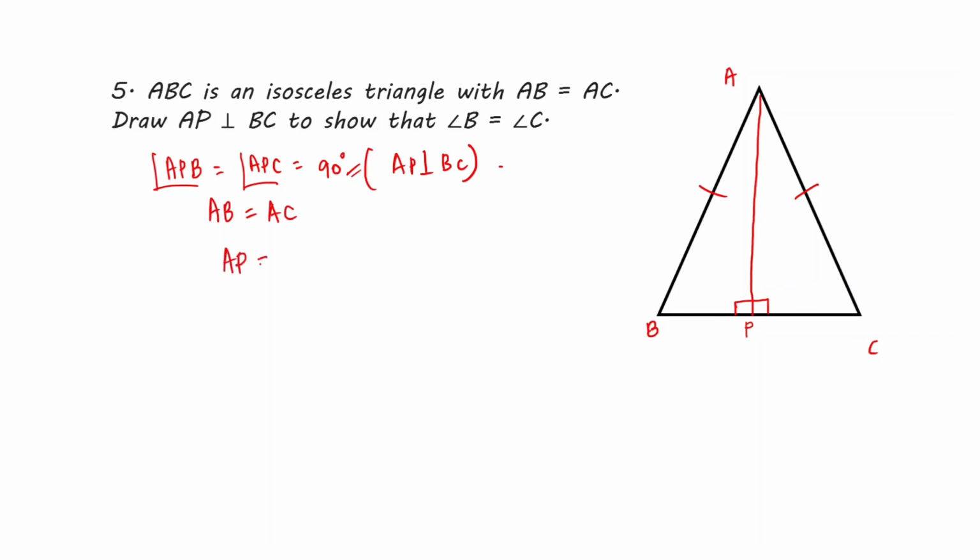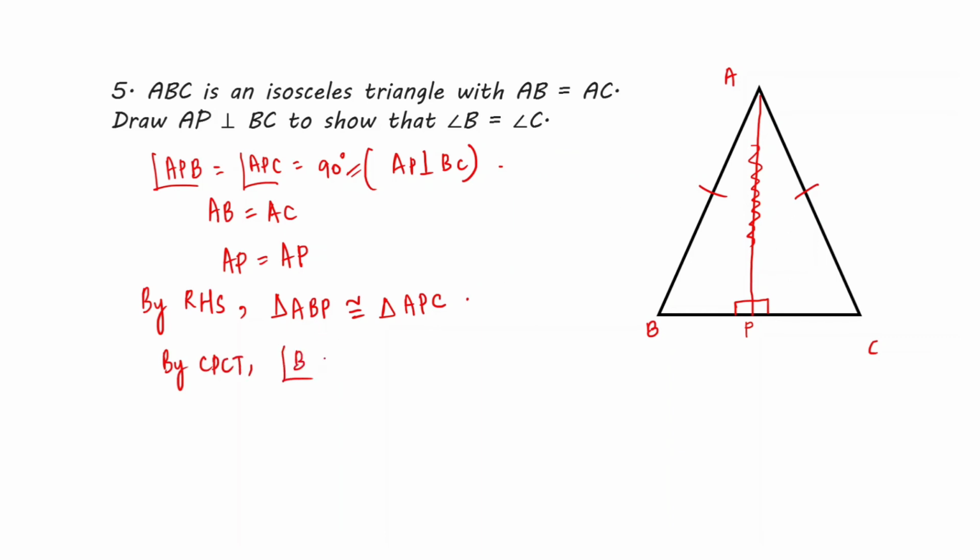And side AP equals AP because this side is common. We could say by RHS congruency rule, right angle, hypotenuse and side, that triangle ABP is congruent to triangle ACP. Now by corresponding parts of congruent triangles, we could say that angle B is equal to angle C. Hence proved.